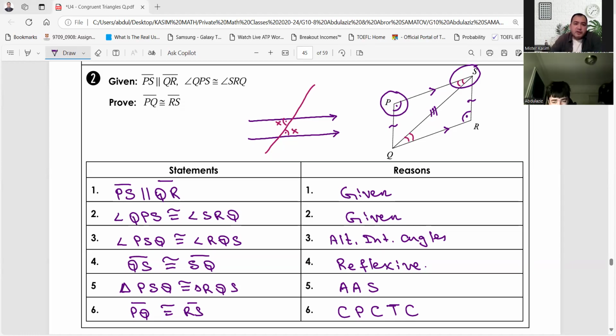Okay, question 3. It says triangle ABC and median BE, and AD is congruent to DC. So it's median. Prove that triangle DAE is congruent to triangle DCE. First you start with AD is congruent to DC.